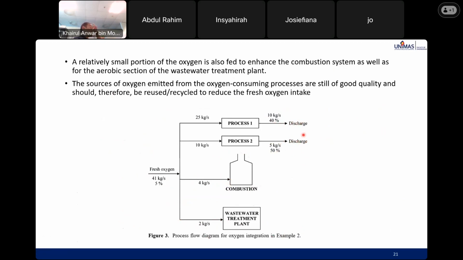How to know? That's why we do the cascade analysis to find the pinch point. Between this 40% and 50%, which one can be reused or recycled?